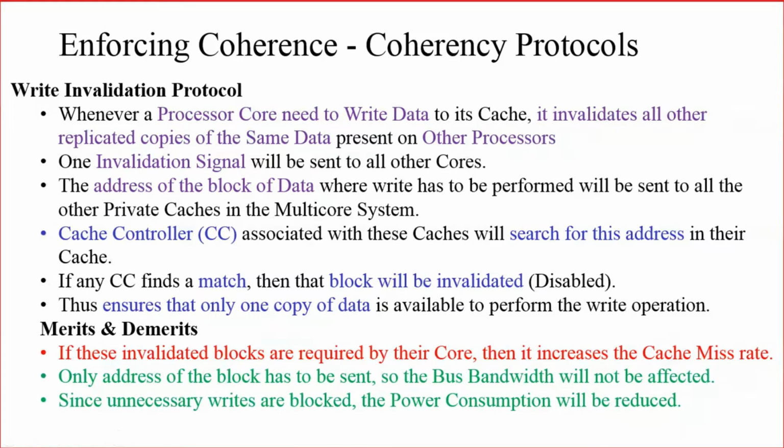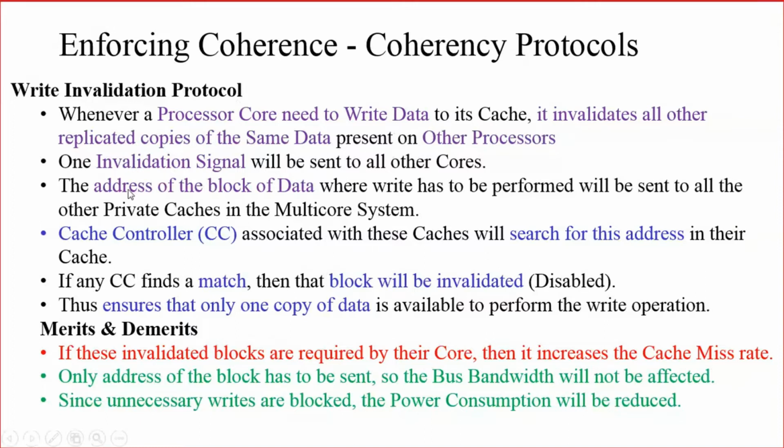So what is the advantage of that? Only one copy of data will be preserved at a particular point of time. Whenever the processor is writing or updating the data present in its private cache, all the other copies of the same data present in the other processors will get invalidated or disabled.